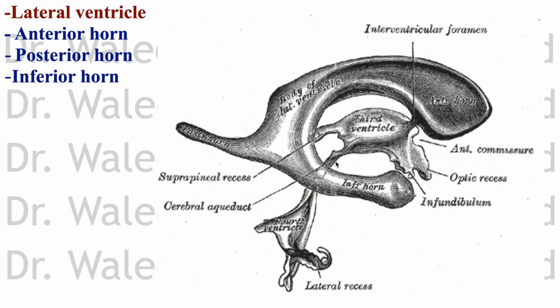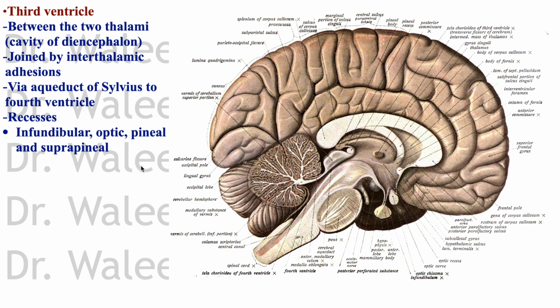between the two thalami, then through the aqueduct of Sylvius to the fourth ventricle. The third ventricle lies in this area between the two thalami and is traversed by the interthalamic adhesions, and via the aqueduct of Sylvius between the tectum of the midbrain and the tegmentum of the midbrain communicates with the fourth ventricle between the cerebellum and the pons.